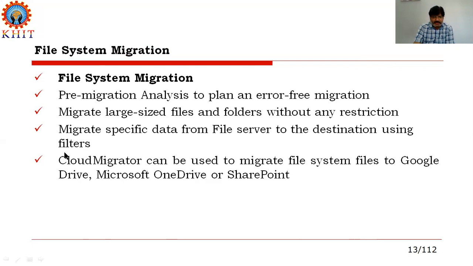A cloud migrator can be used to migrate the file system files to Google Drive, to Microsoft OneDrive, which is another drive maintained by Microsoft, or to SharePoint. Using this tool, we can move files from one system to another in Google Drive, Microsoft OneDrive or SharePoint.